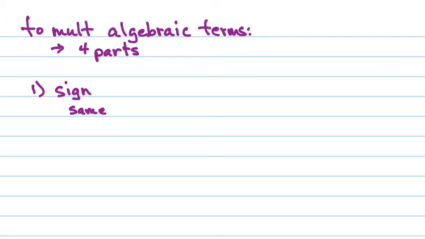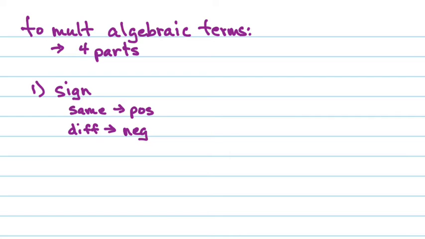If the signs are the same, the answer is always positive when you're multiplying, right? If the signs are different, the answer is always negative. Now, that's not the same as the rules for combining, so make sure you remember it. That's one of the reasons why we have to pay attention to the operation symbol that's given, so we'll know what sign rules and what other rules to use.